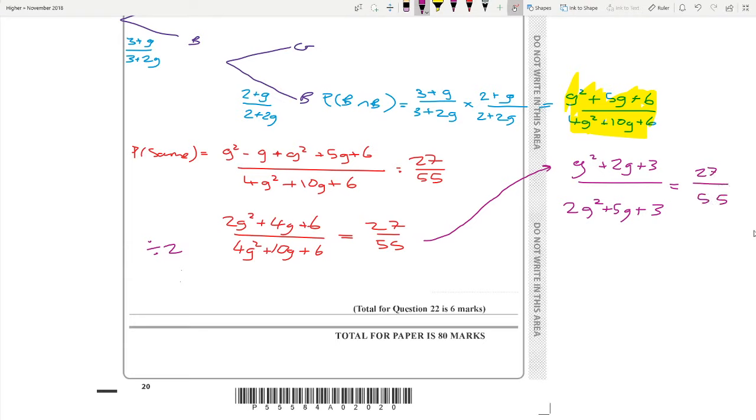Now let's cross multiply. So we're going to get 55 multiplied by g squared add 2g add 3 equals 27 multiplied by 2g squared add 5g add 3.